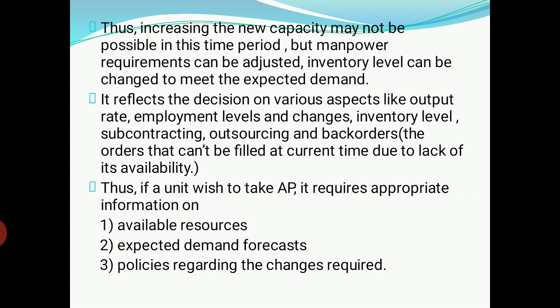Next information that I need is the expected demand forecast. That means within these 6 to 18 months, whatever the expected demand may be, it may rise or it may fall. I have to consider that forecast, I have to keep it in mind. And the third information that I'll need is policies regarding the changes required.